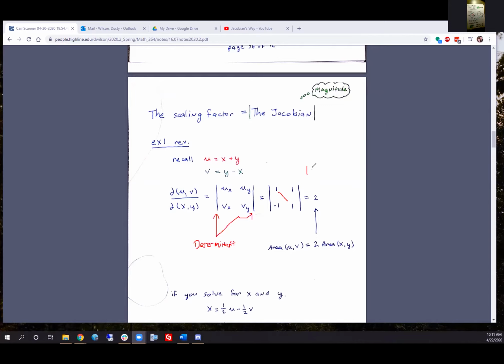So this would be 1 times 1 minus 1 times -1. And that's where the 2 comes from. So this is saying that the area in the UV world is twice the area in the XY world. So this is the determinant of UV with respect to XY.